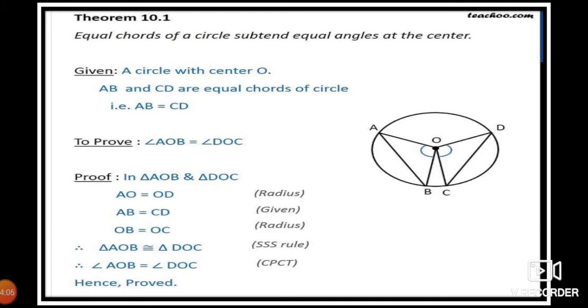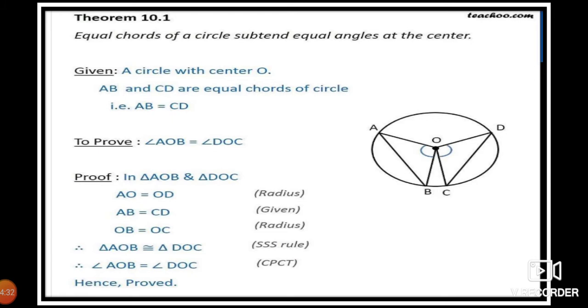I said to you already, they are radius, so they must be equal. AB equals CD because it is given already, they are the chords and they are also equal. OB equals OC, these are also radius. Always inside the circle, however the radius we draw, all the radius are equal. Because of that, we say OB equals OC.